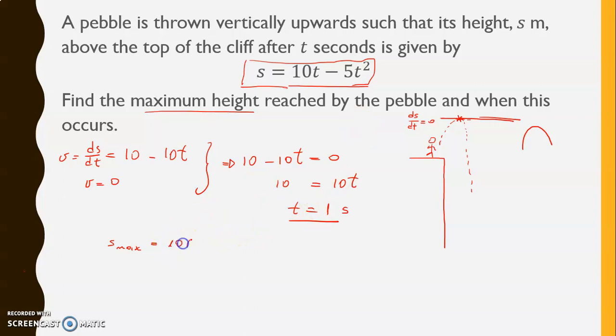So 10 times 1 minus 5 times 1 squared, and that leaves us with 5 meters. So we've found that the maximum height reached by the pebble is 5 meters, and that happens after 1 second.